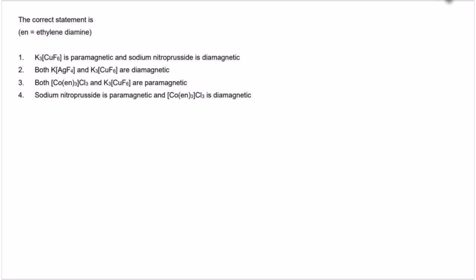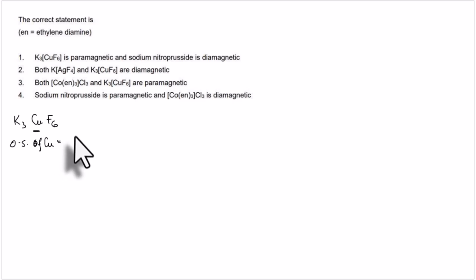Now we have to apply the valence bond theory here to predict the magnetic behavior of each of these complexes. Now let us start with K3CuF6. So the central metal atom here is copper. Now the oxidation state of copper in this complex.